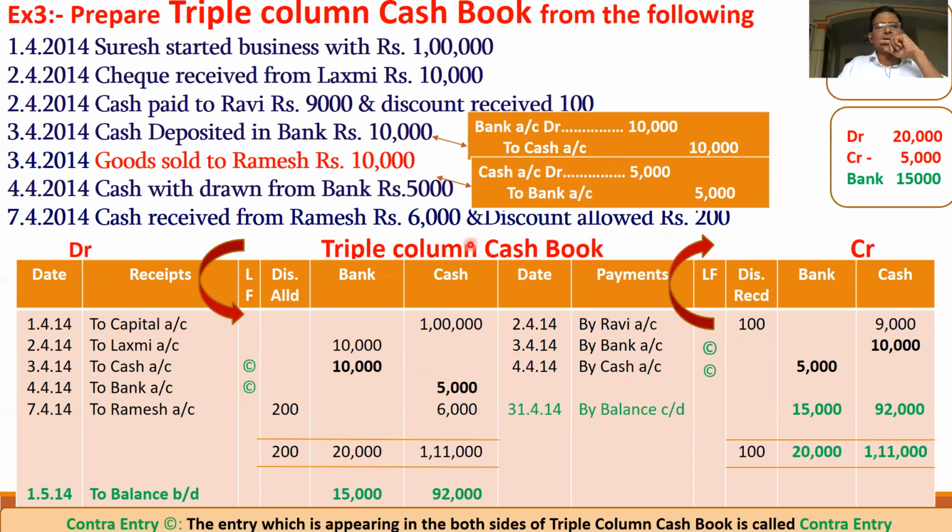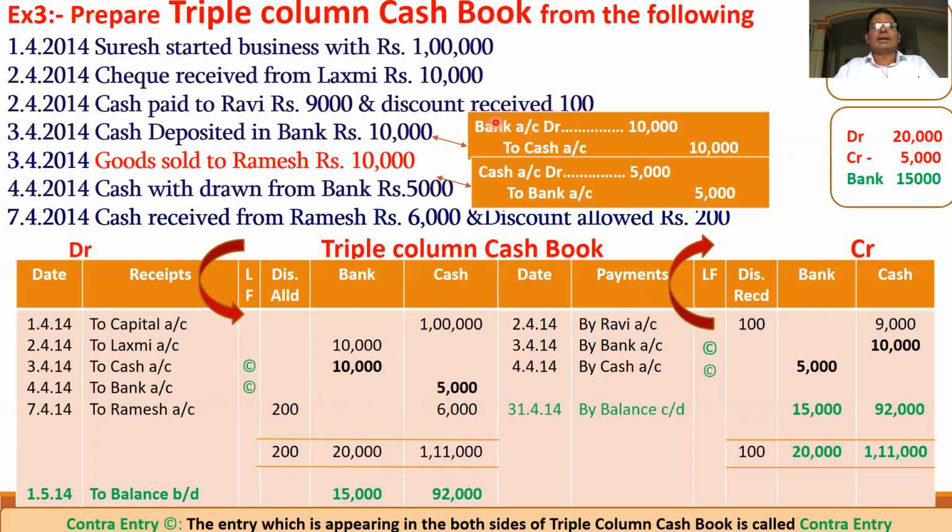The third contra entry is a check received on one date and sent to bank on some other date. On the date the check is received, we assume that cash is received. On the date of sending the check to bank, we assume that cash is sent to bank.